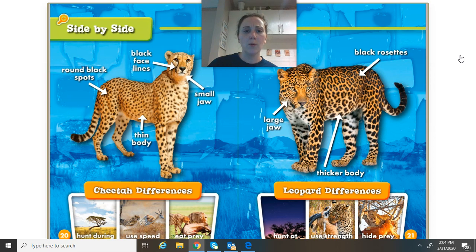And also with their fur, cheetahs have those round black dots that we see in the diagram, and leopards have the black rosettes. Down here on the bottom of the page, we have some more differences that we learned about. Cheetahs hunt during the day. They use their speed to catch prey, and they eat their prey right away. Leopards hunt at night. They use their strength to catch prey rather than their speed, and they hide their prey to eat later.